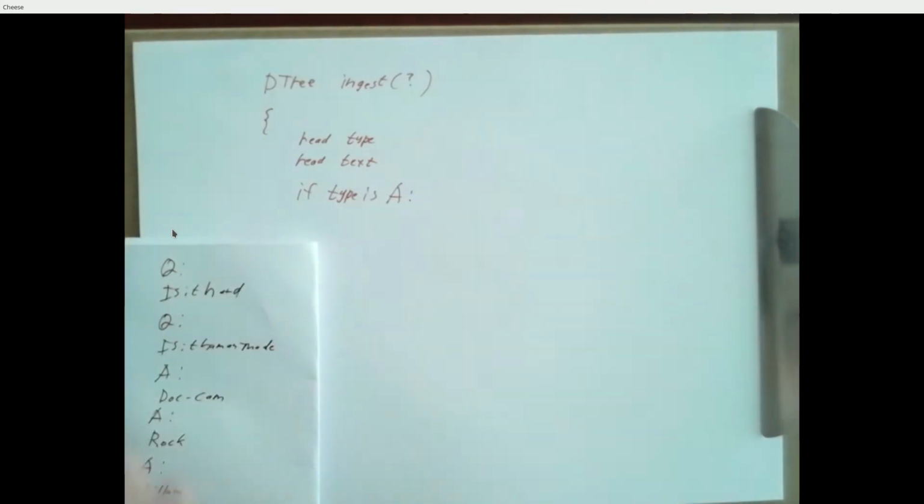All right, so if the type that I read was an answer, I know that I'm at a point in the file where I have a leaf node. And I'm going to return a very small tree containing just that text.